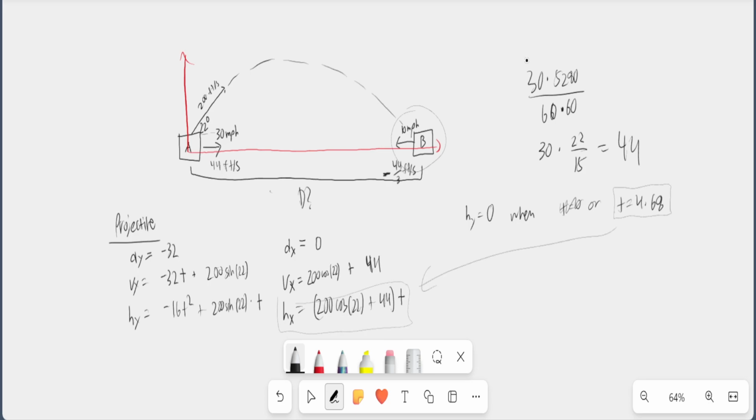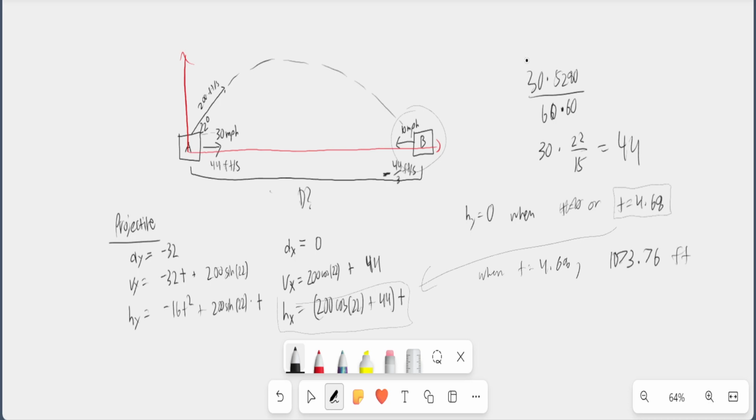So if we plug this in here, did you do it, or should I? Yeah, I did it. Okay. It's x is 1073.76. Okay, and that's in feet.